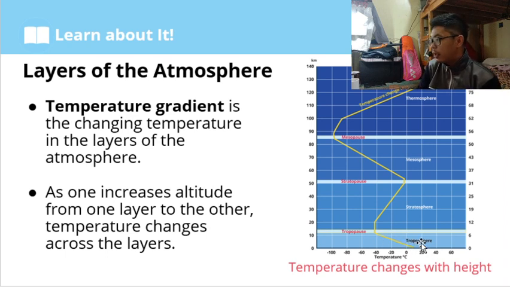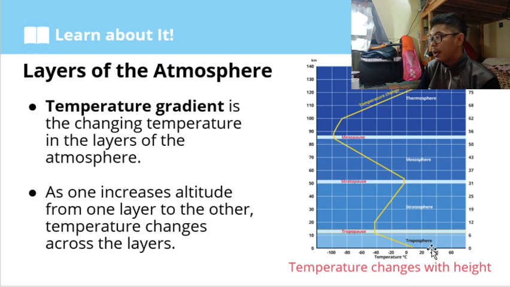Now be mindful that in every layer of the Earth, the one that meets them in the middle, let's say for example the one between your troposphere and your stratosphere, is what you call your tropopause. You just put the name pause at the end and get the first two syllables of the layer below it.